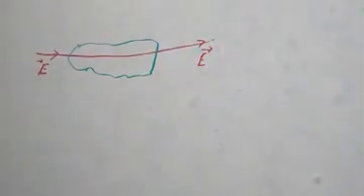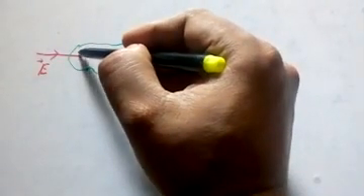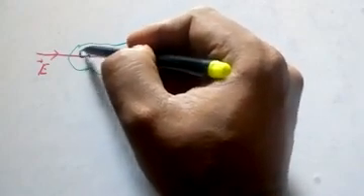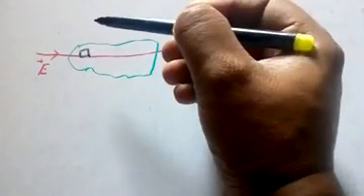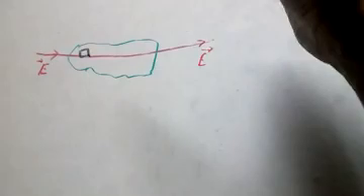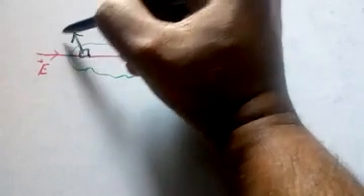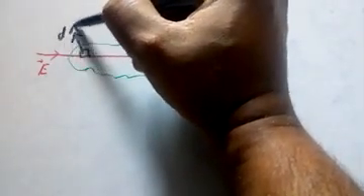Now let me take an area at this point, like this way. It's a three-dimensional object, not two-dimensional. The surface area normal will be outwards this way. This is a small surface, so we write the surface area normal as dA vector.